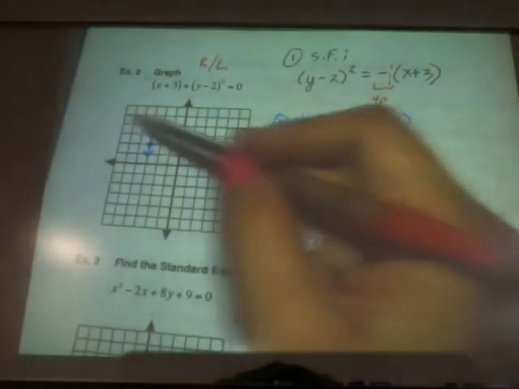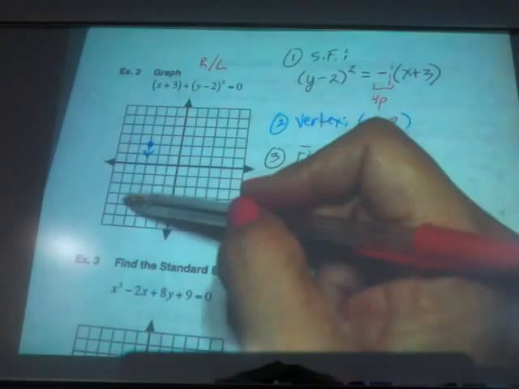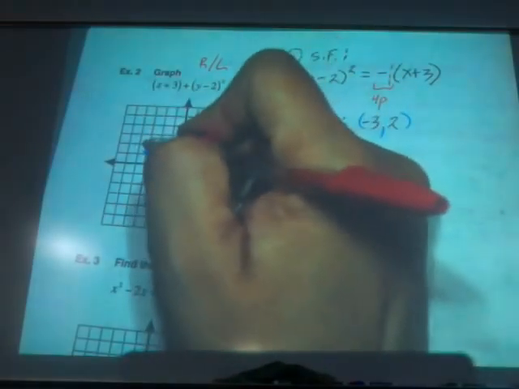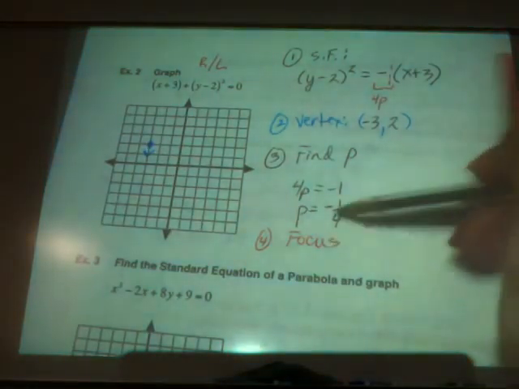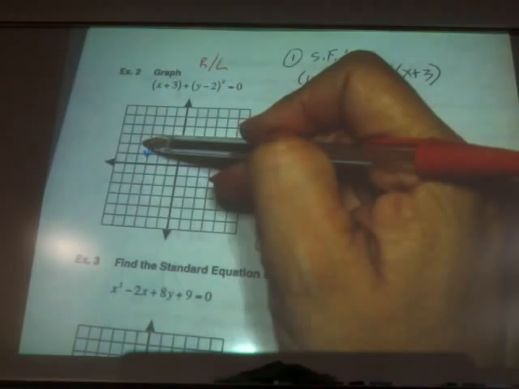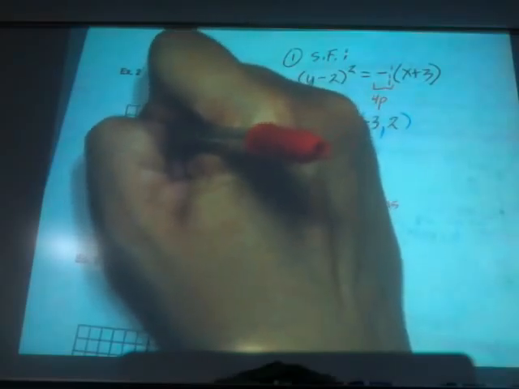So I know that my parabola is going to go in this direction, right? So is my focus to the right of the vertex or to the left of the vertex? To the left. So I know my focus is over here. And isn't my focus 1/4 to the left? True or false? Just 1/4, a distance of 1/4. So I'm going to put a little dot there and put my focus here.